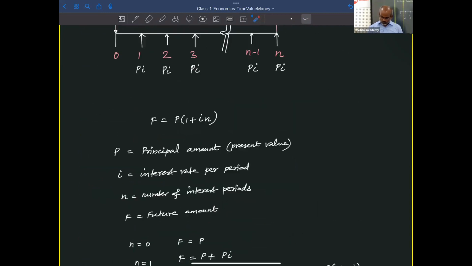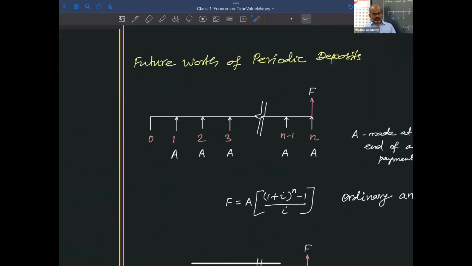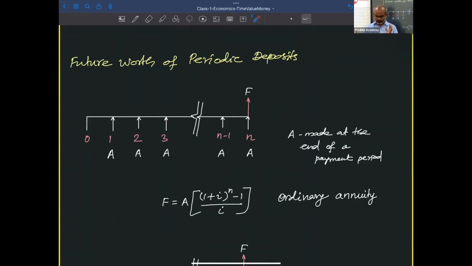Now, we are not doing only a one-time investment or one-time getting of money. We are also making the investment periodically, what is called periodic deposits. At the end of every period, we deposit some amount, say uniformly the amount A, and what is the future worth of those periodic deposits? They are connected this way.